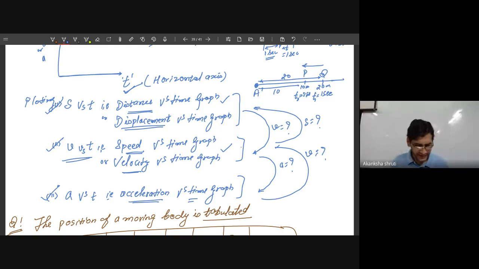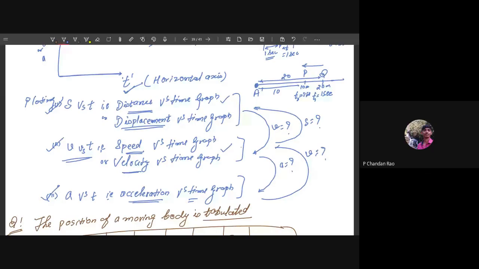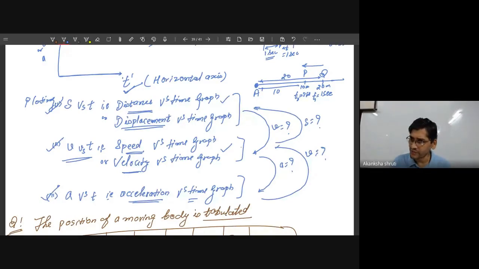Means displacement time graph for uniform motion, displacement time graph for non-uniform motion. These are the two categories. Again, velocity time graph for uniform motion, velocity time graph for non-uniform motion, acceleration time graph for uniform motion, acceleration time graph for non-uniform motion.